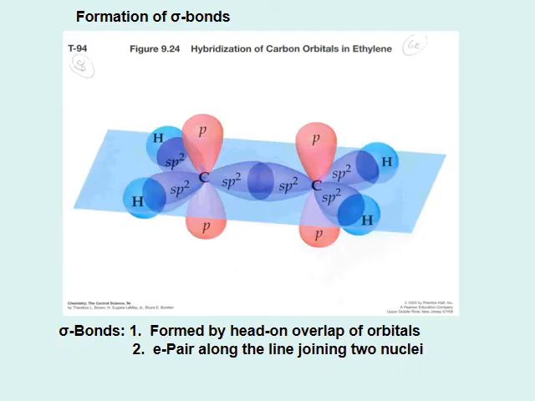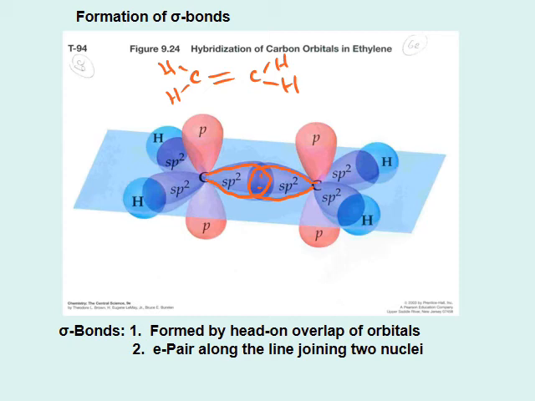In this slide, you're seeing bonding in a compound, which is CH2=CH2 or C2H4. What you are looking at are called sigma bonds. Sigma bonds are formed by head-on overlap of orbitals, like sp2 of this carbon overlapping with sp2 of this carbon. Electron pairs are like glue, sitting in between.